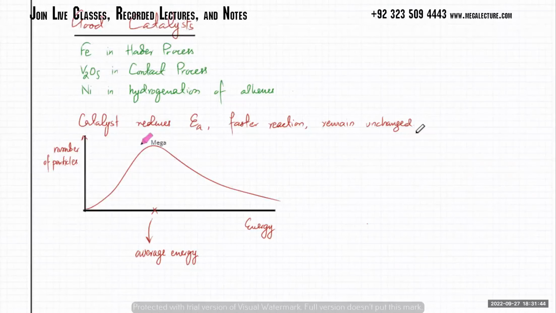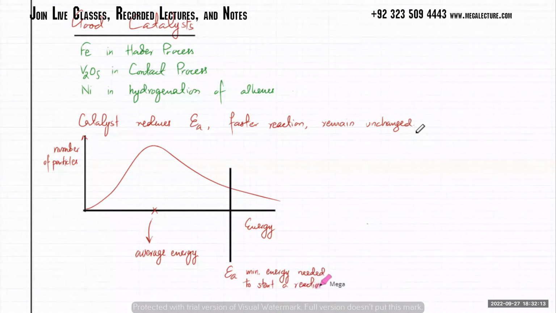There's a point called activation energy, and that's your EA. That's the minimum energy needed to start a reaction.